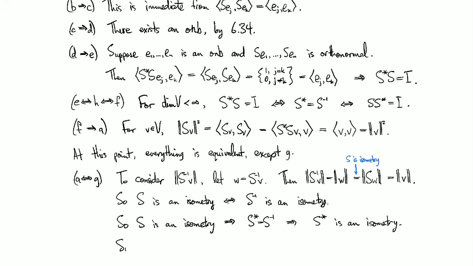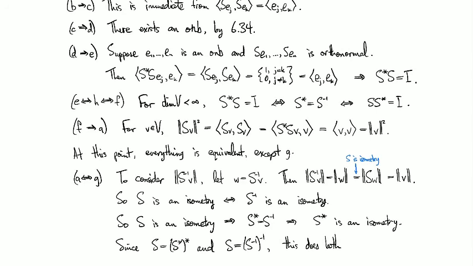And now, since S is the adjoint of S adjoint, and S is also the inverse of S inverse, this does both directions. And we are done.